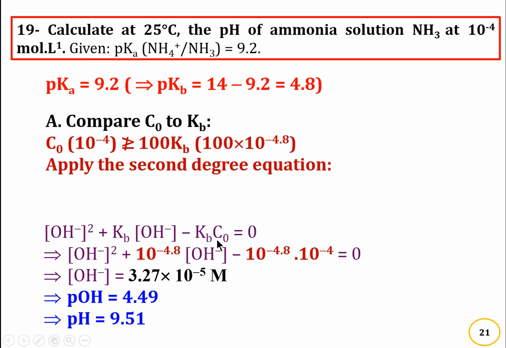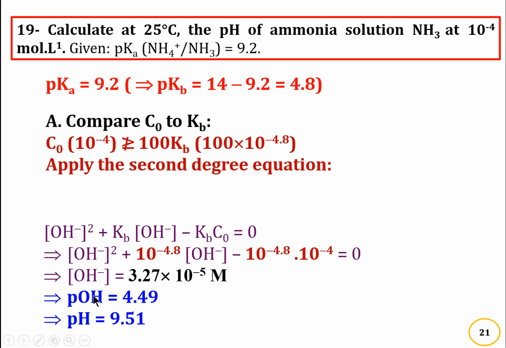Put Kb and C0 in their values. So we obtain a solution of this quadratic equation: the concentration of OH- equals 3.27 times 10 to the power minus 5 molar.